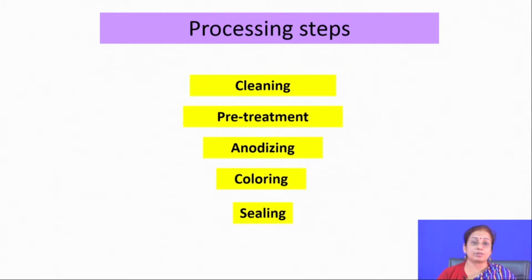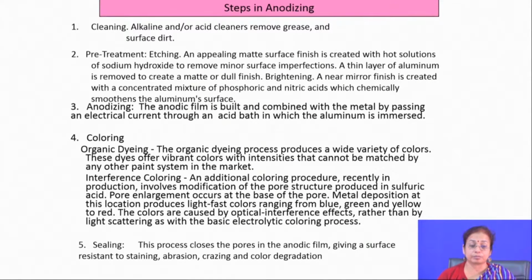Usually surface porosities are removed by coloring or sealing operation, so that there is no more porosity on the surface. Cleaning is usually done by alkali solution cleaning and subsequent removal of grease and surface dirt. Pre-treatment etching can also be done, so that the surface is very clean in nature.